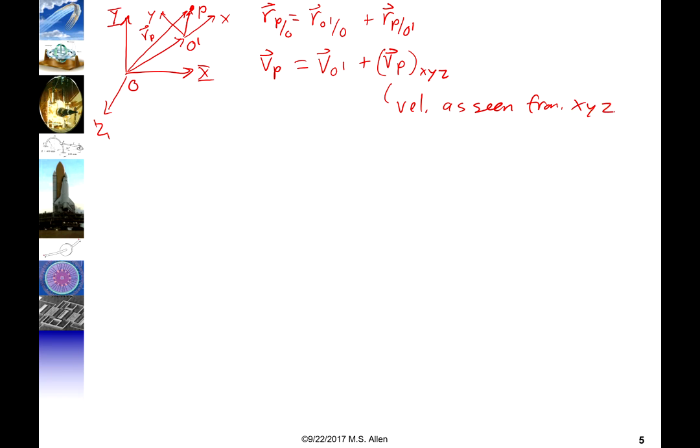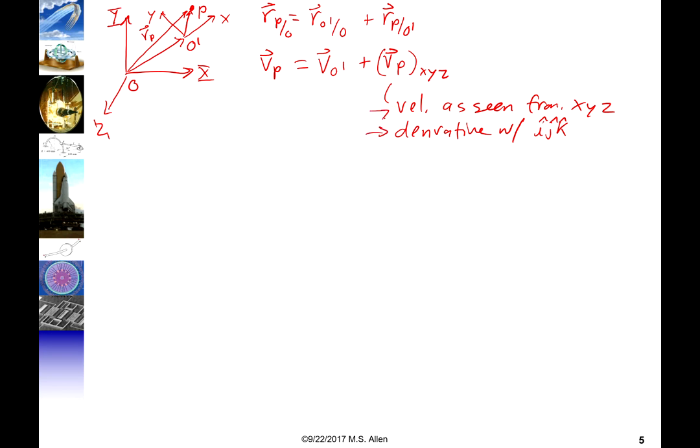And that's what we were getting at in those previous two examples. It's the derivative when we hold the unit vectors constant, with i, j, k being constant unit vectors. So those are equivalent statements.